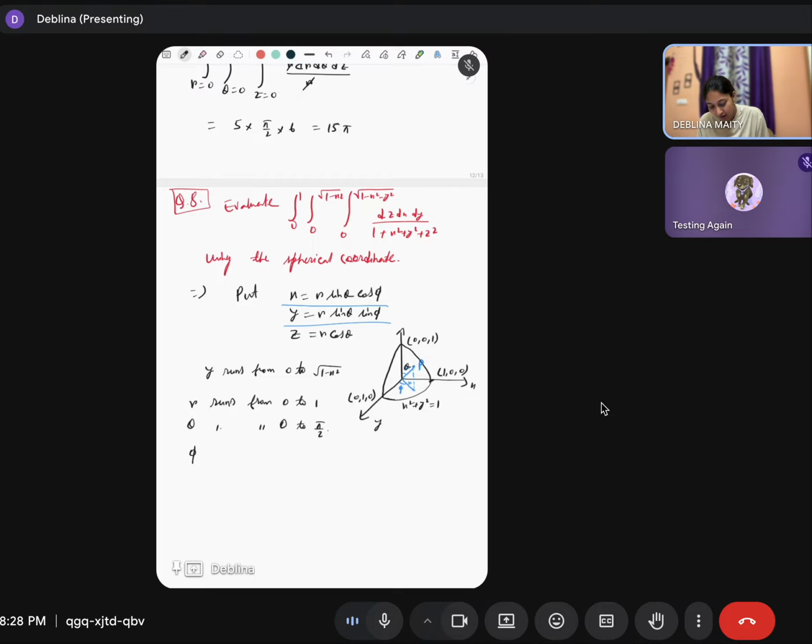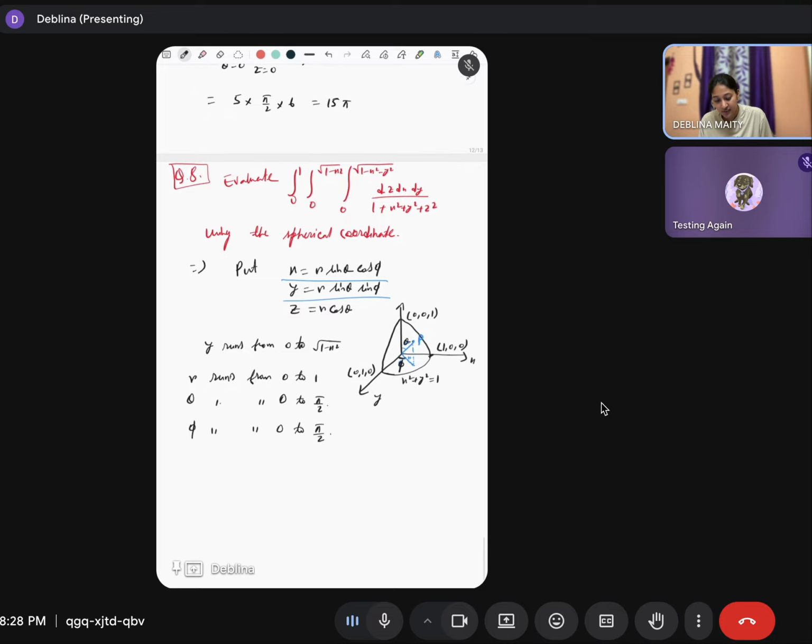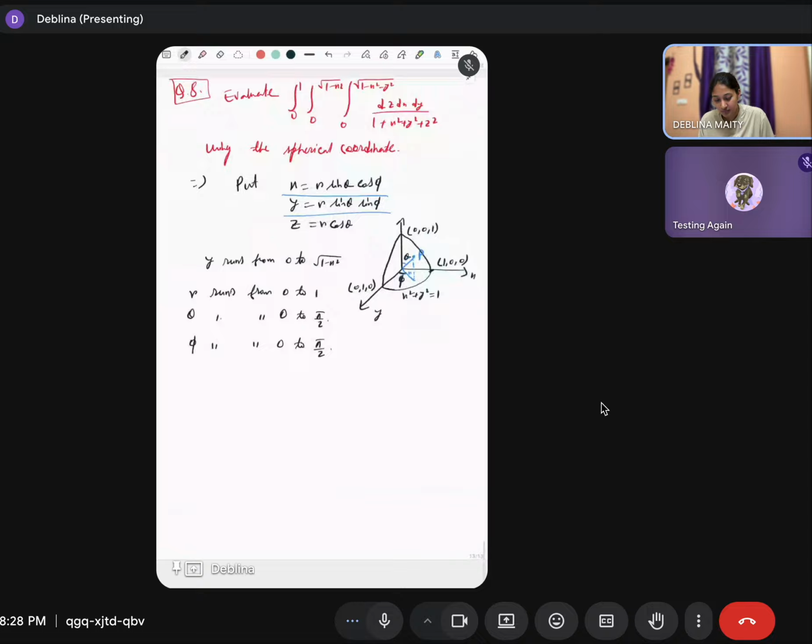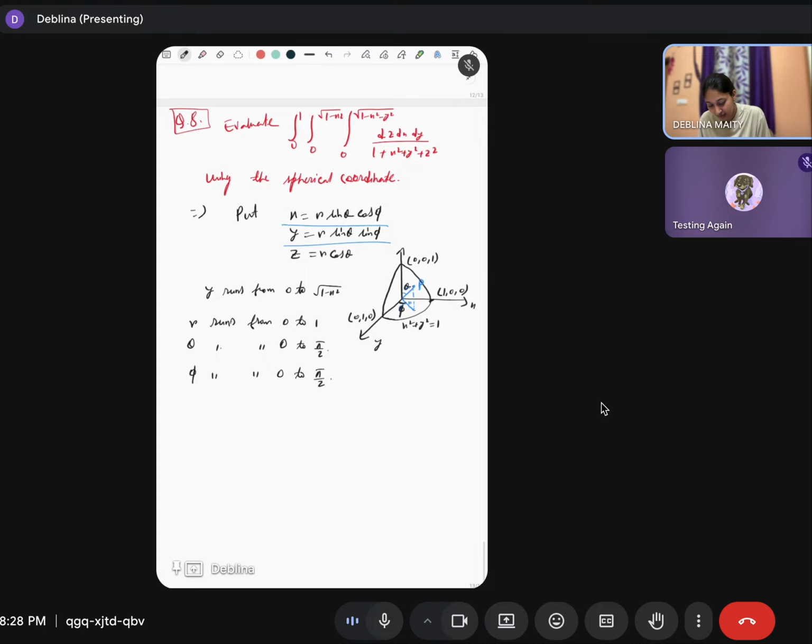And phi is this angle, so this angle can be maximum pi by 2, so also 0 to pi by 2, because this is in the first octant. So now the integration becomes, in r theta phi, r runs from 0 to 1, theta from 0 to pi by 2, and phi also from 0 to pi by 2, right?